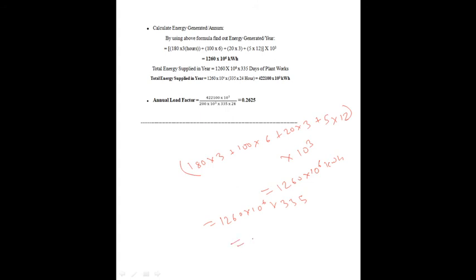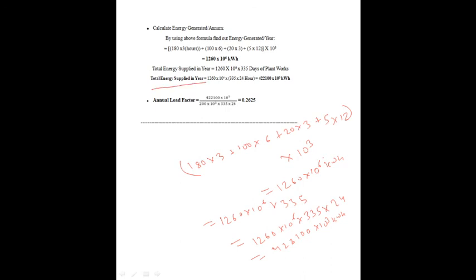So if you calculate, it will be coming around 422,100 into 10 to the 3 kilowatt hour. This is the total energy supplied in a year.